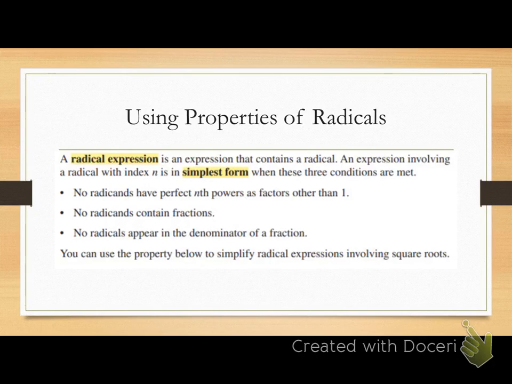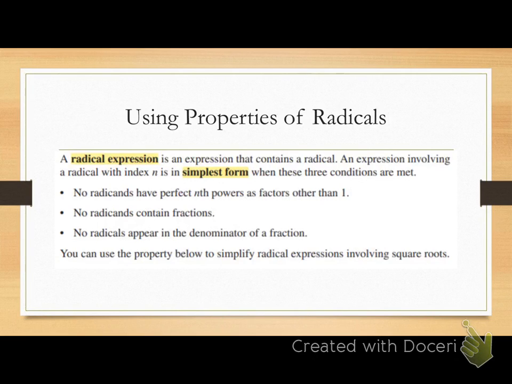So an expression involving a radical with index n is in simplest form when these three conditions are met. No radicands have perfect nth powers as factors other than 1, and I'll explain that here in a second. Remember, the radicand is the number under the radical.